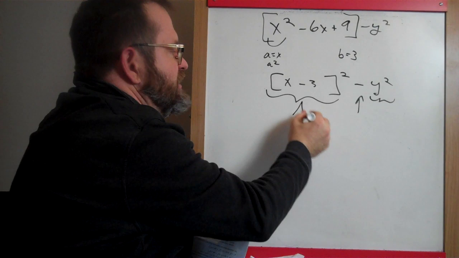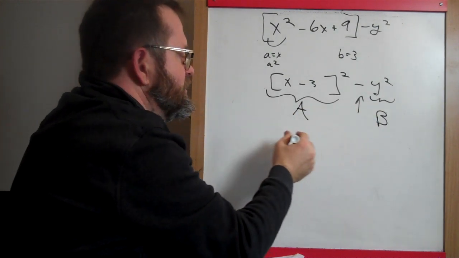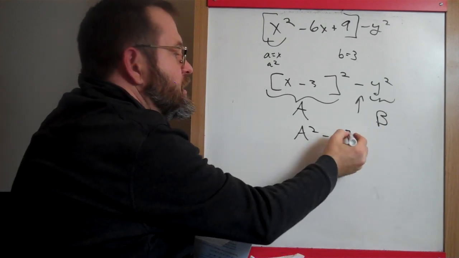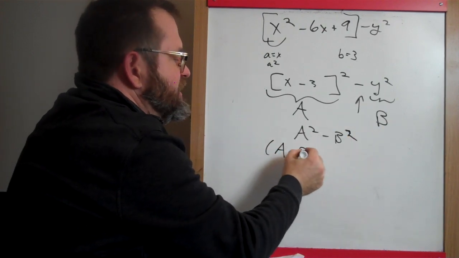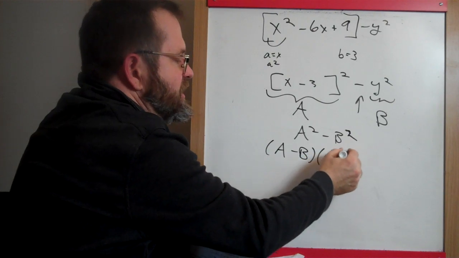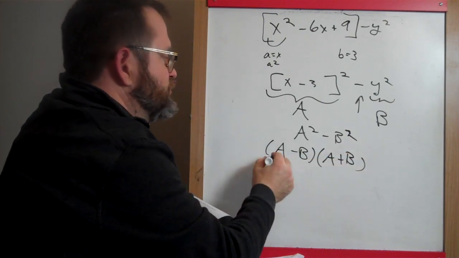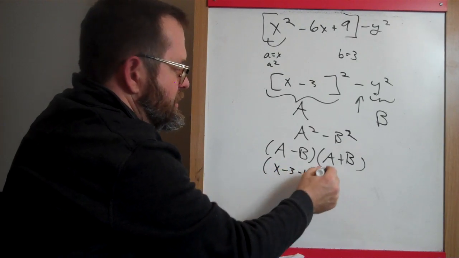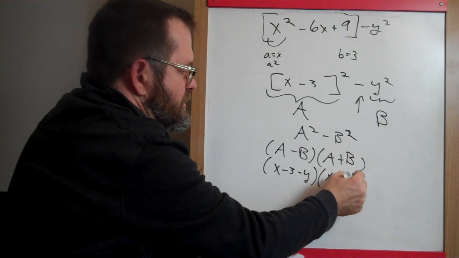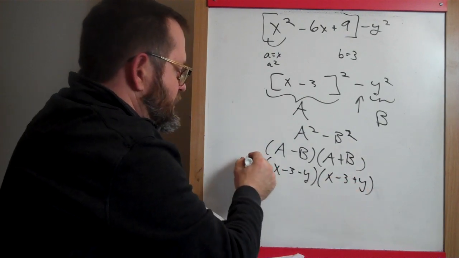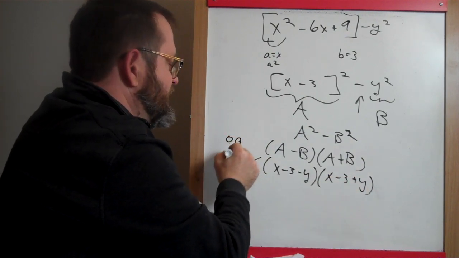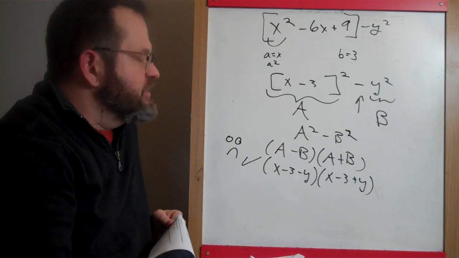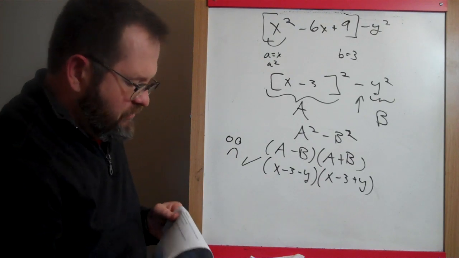I mean, let's call this, for the sake of argument, this is big A and this is big B. Then this term is A squared minus B squared, which means this is A minus B times A plus B, which would be, let's put the a back in there, minus b, a plus b. All right. This stresses me out. This is the kind of thing in factoring that makes me think it's a little too far. All right? There'll probably be some of these on the homework. I haven't made the homework yet, but we'll get there.